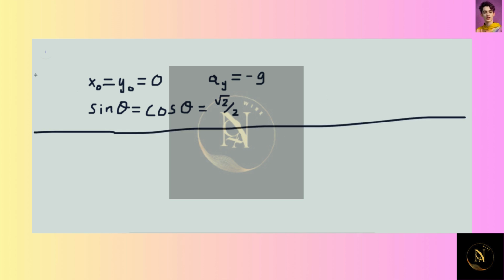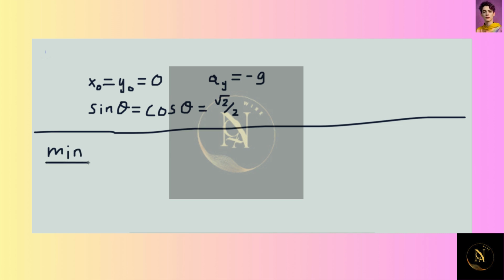Okay, so that's what we have. The acceleration in the y direction is minus g. We're going to say that we're starting at the origin, so x naught equals y naught is equal to 0 here. So the water moves in a projectile motion. For the minimum distance here, since we're asked to find a range, we're going to find a minimum and a maximum. So we're going to define this one as the minimum distance.